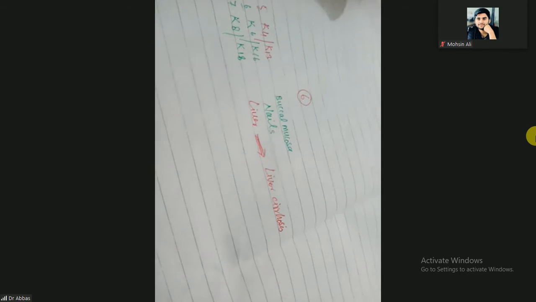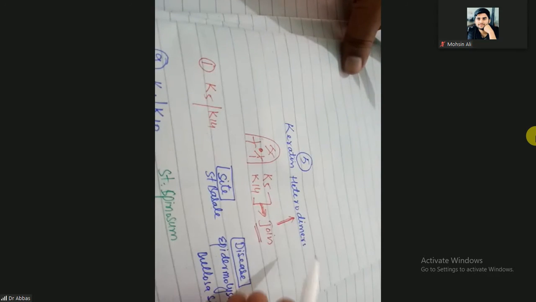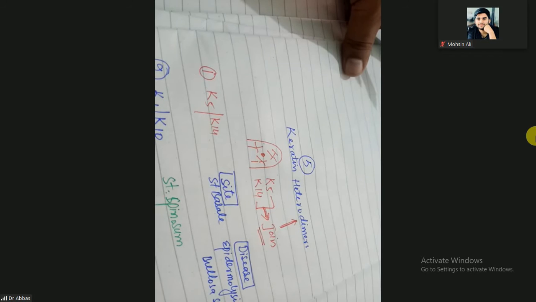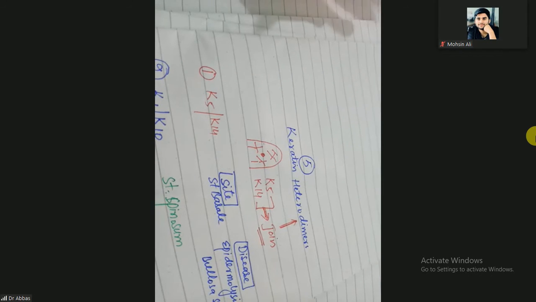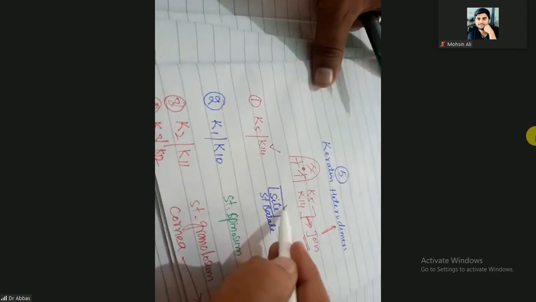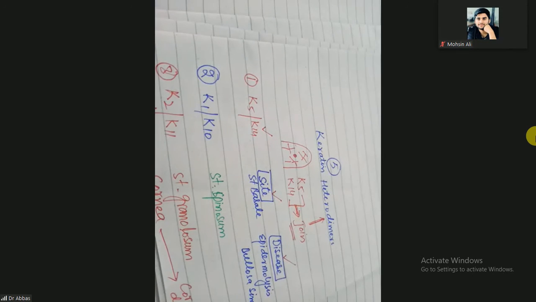So these are the keratin heterodimers. Keratin heterodimers mean when both keratins join, they make the keratin heterodimers, and these are the different types of keratin heterodimers, their site and their disease. So you have to remember all these things.